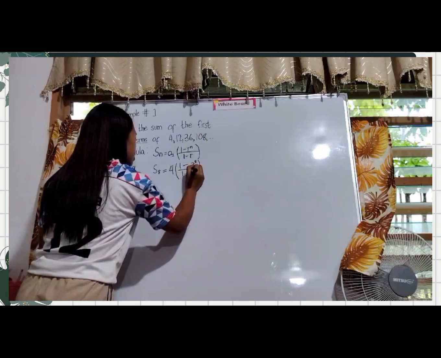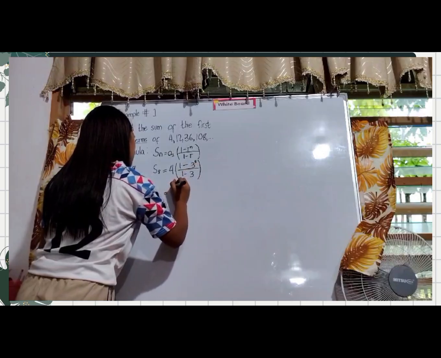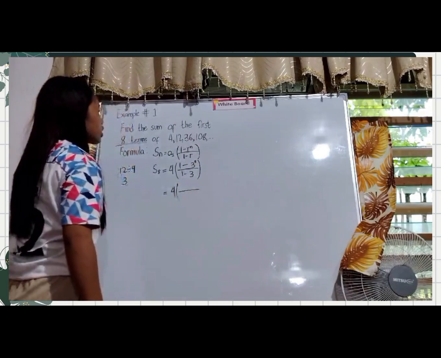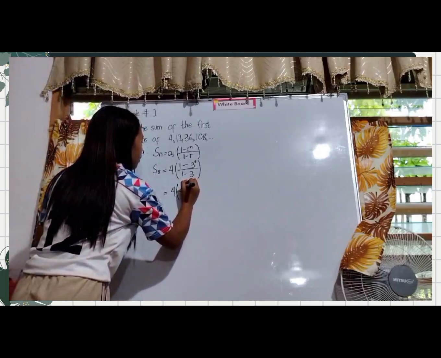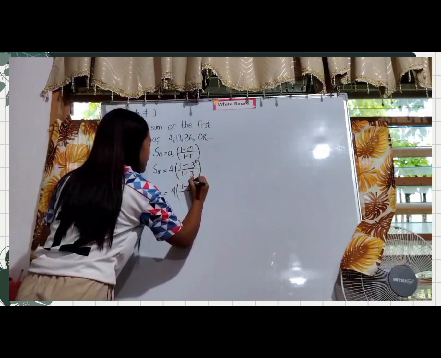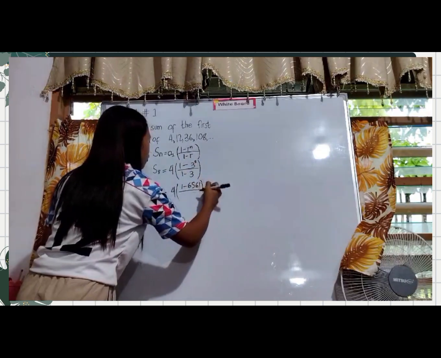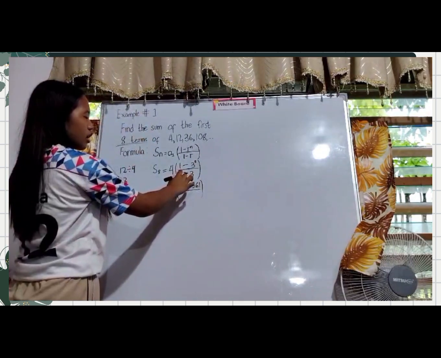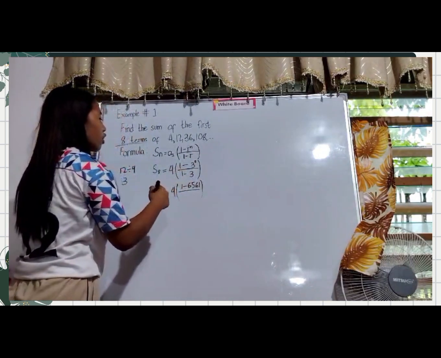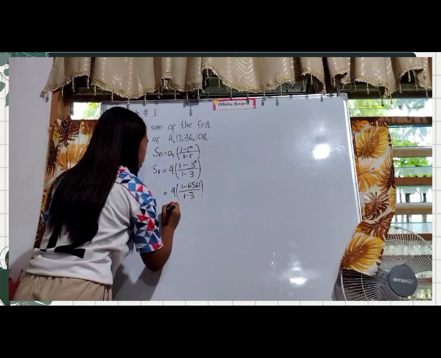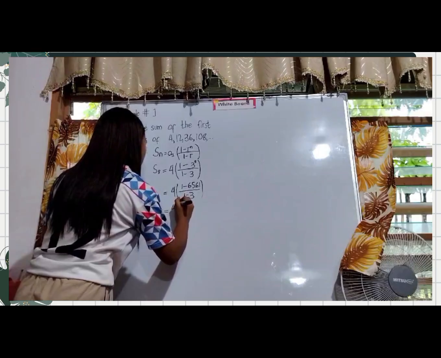So 1 minus 3 raised to 8 is 1 minus 6,561, over 1 minus r, or 1 minus 3.